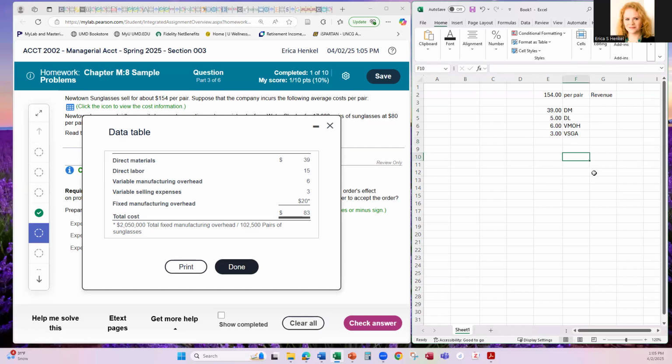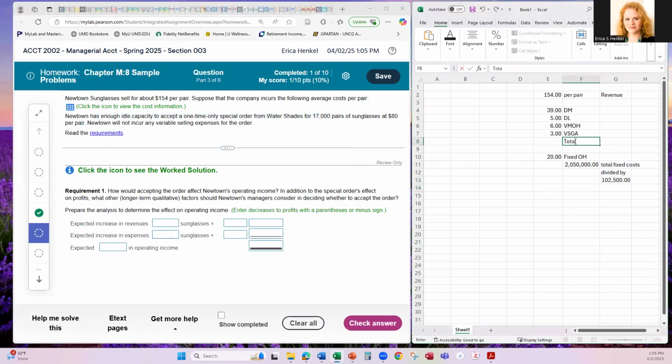And then our fixed overhead, which they're saying is $20 per pair, is actually a total of $2,050,000 in fixed costs divided by 102,500 pairs, okay? So that's what they're assuming there for their fixed overhead distribution.